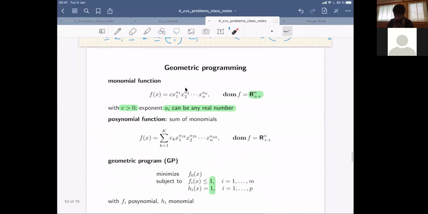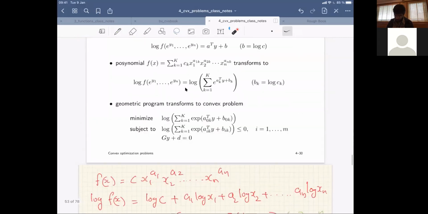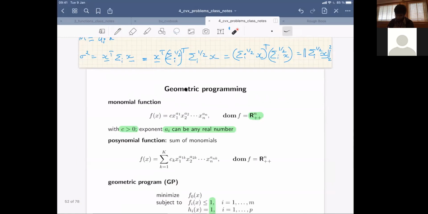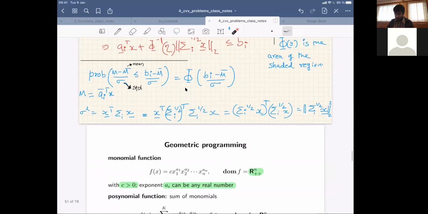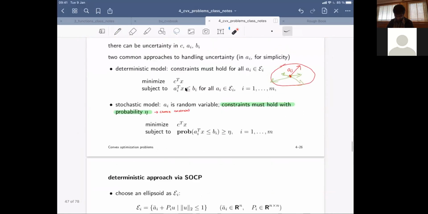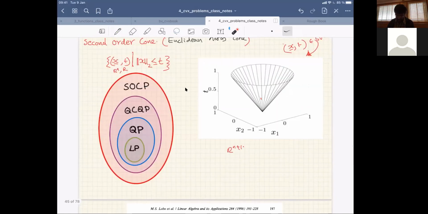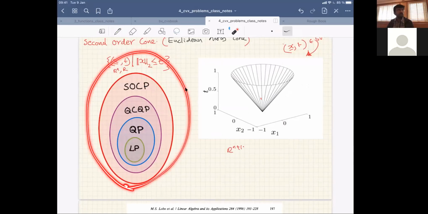Let's move. I will skip to a new topic, but we will come back to this later, okay? Because now we are here. We just learned SOCP. Now I want to move to a higher class in the hierarchical order.